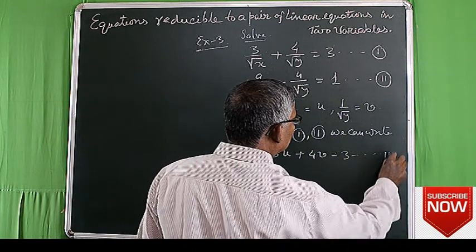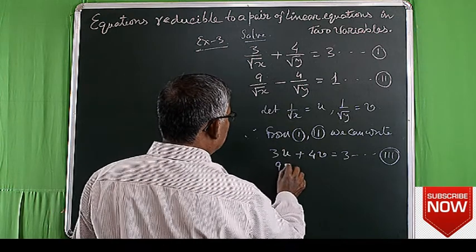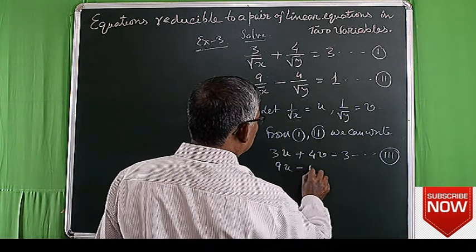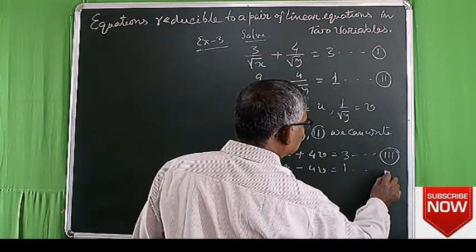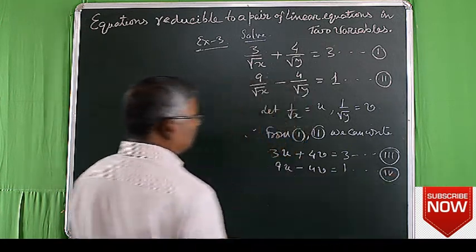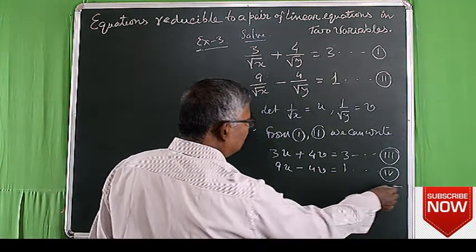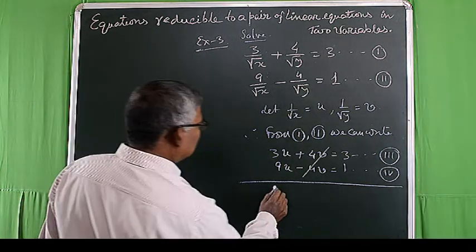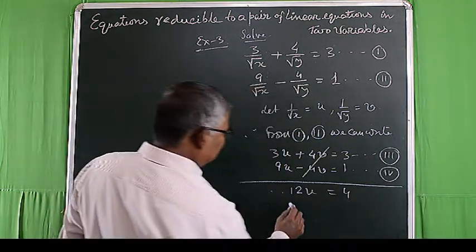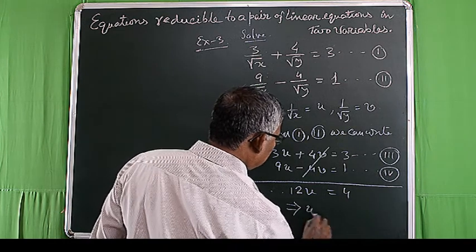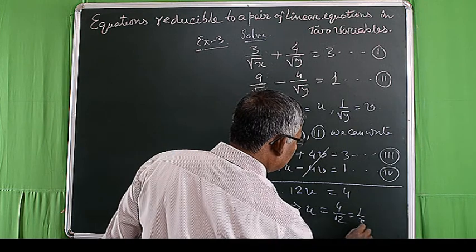Suppose it is equation number 3, and 9u minus 4v equal to 1. Suppose it is equation number 4. Students, here we are simply adding the equations 3 and 4. Therefore, 12u equal to 4. This implies that u equal to 4 by 12, that is 1 by 3.